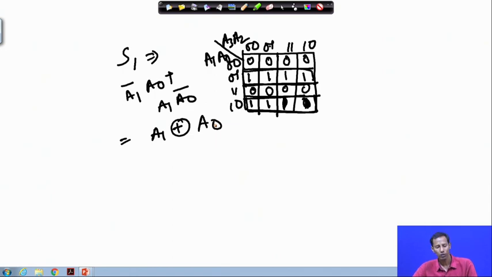So, the corresponding expression for S1 is A1 XOR A0. From the truth table I drew this Karnaugh map, and from this Karnaugh map I got the expression for S1.